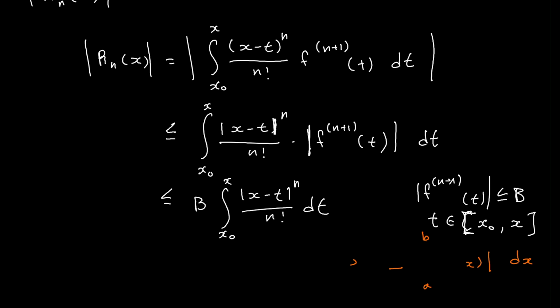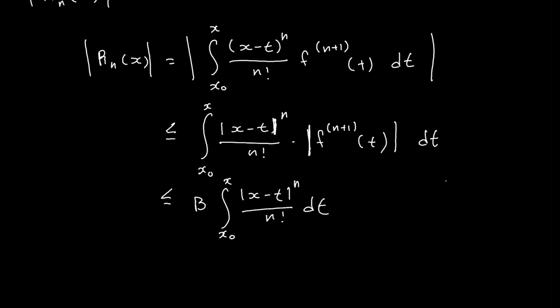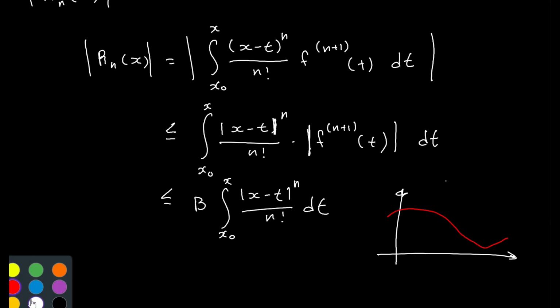Now there's two possibilities for the absolute value of x minus t. Let me draw a graph. Let's say in red is the function we're trying to approximate, and let this be x naught and this be x. Let this green be our Taylor approximation of this function.